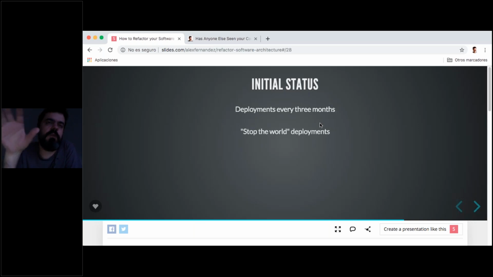The system had to be taken down, then the changes were done, backend changes, front-end changes, migrations, and then we had to test that everything was fine, and then we brought it back up. It was a very lengthy and labor-intensive process. Data migrations were quite painful because we had to stop everything.